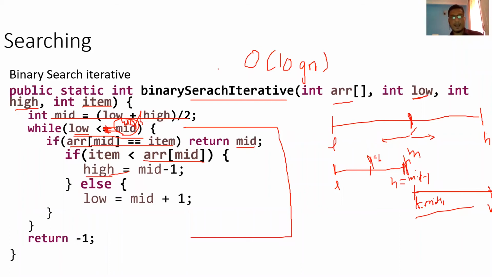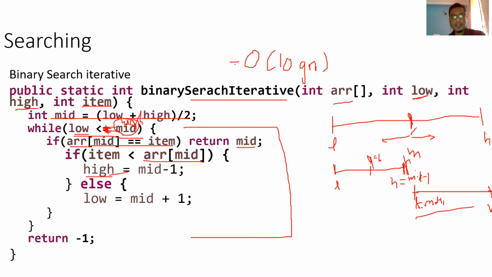Yeah, I was explaining how we can apply binary search on an unsorted array. Instead of searching completely with the iterative approach, going and checking each item, you can sort first and then apply binary search.